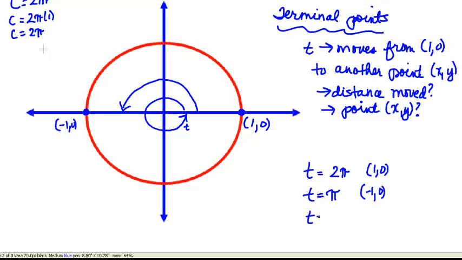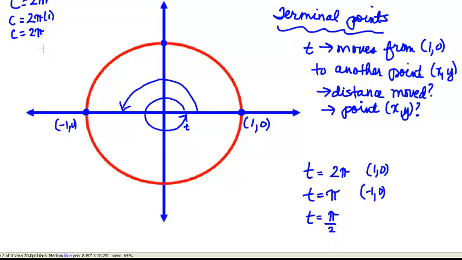What if I'm at pi over 2? What would pi over 2 look like? Well, if pi is half of the unit circle, pi over 2 is 1/4 of the unit circle, right? So just think about the circumference. The full circumference is 2 pi, half of the circumference is pi, then 1/4 of it would be pi over 2.